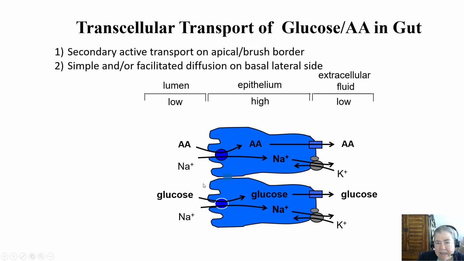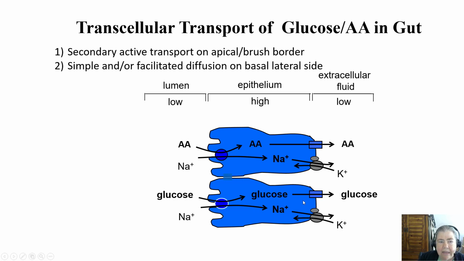So not the lumen side, but on the extracellular fluid side. On that side, the sodium potassium ATPase is continuously moving 3 ions of sodium out and 2 ions of potassium in.